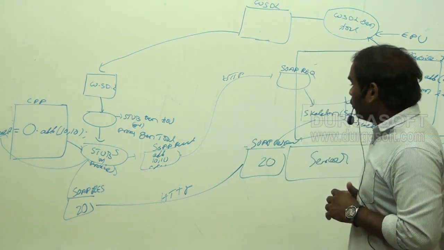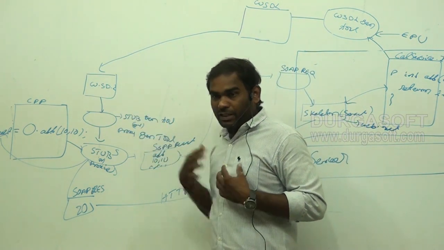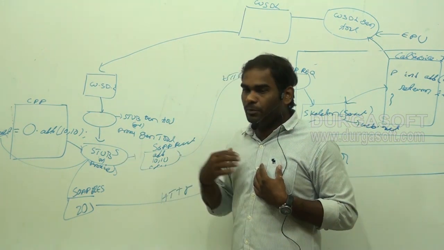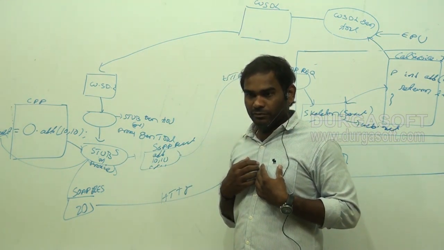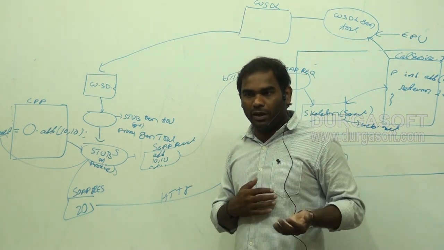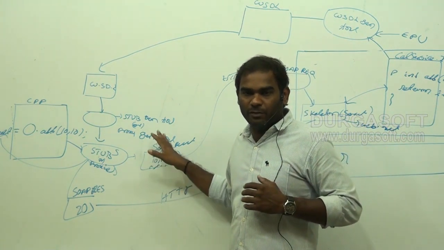Clear? Okay. So now by following this web service specification, Sun has provided implementation, web service implementation. Microsoft, PHP, Android, iPhone, different vendors have provided the implementation for these web services here.